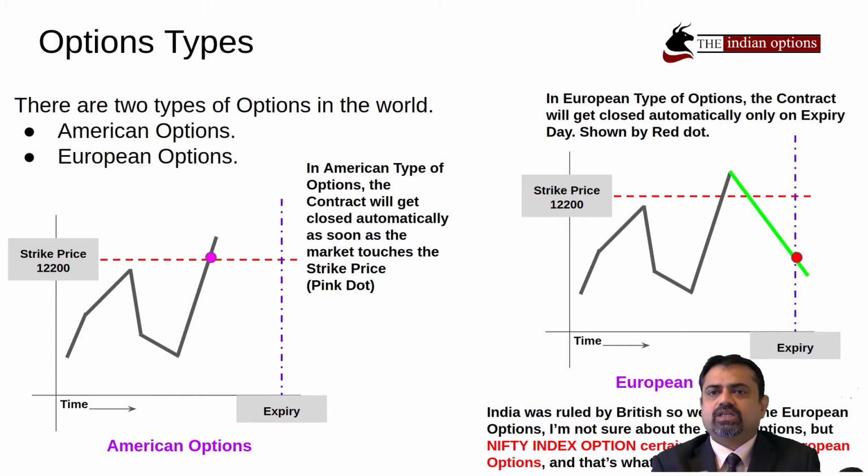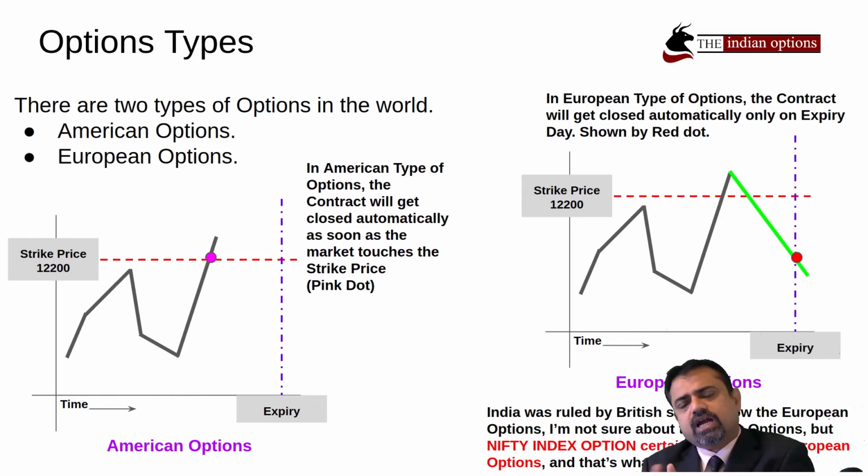In this situation the American option will expire. Technically that contract will get executed and you are going to lose or gain money, right? This happens in American kind of options.